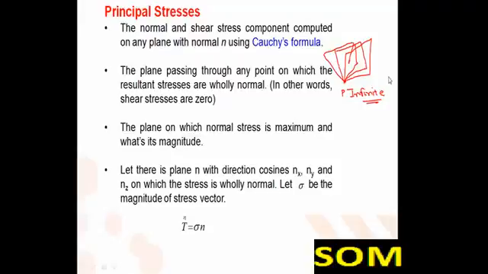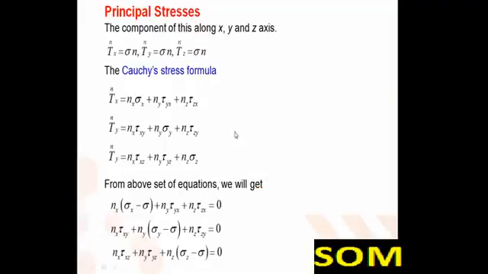Let there be a plane with direction cosines nx, ny and nz on which the stress is wholly normal, and sigma be the magnitude of the resultant vector. Now the components of this along the x, y and z axes are sigma nx, sigma ny, sigma nz.